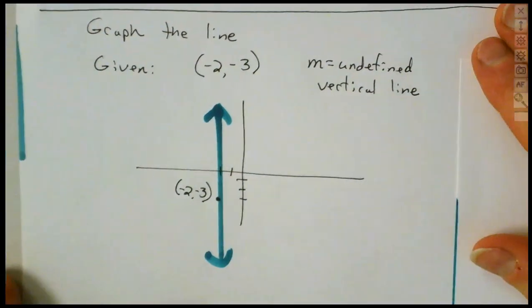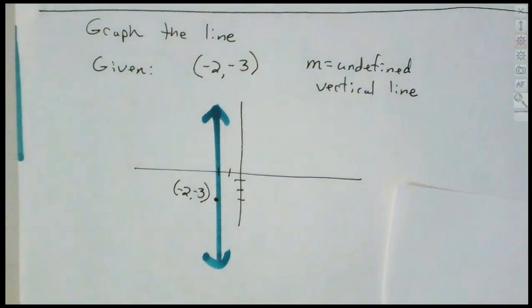Why is it again a vertical line? Because my slope is undefined. Very important that you remember those facts for the next course, because when you take the next course, which is intermediate algebra, we do a lot of graphing, and you need to remember slope of 0 is a horizontal line. Slope that's undefined is a vertical one.